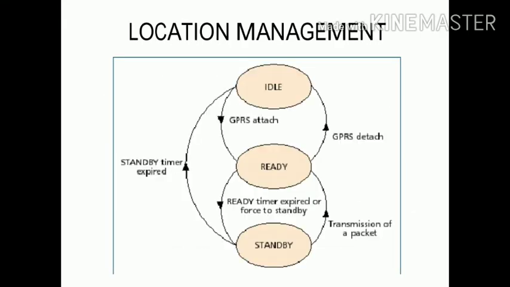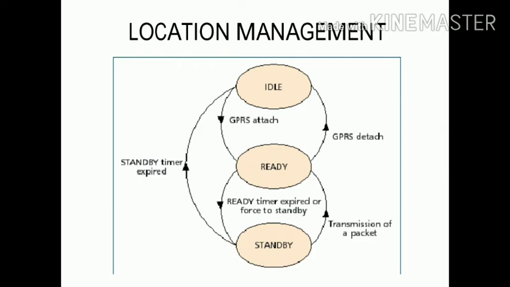After the handoff process, we reach the second part of mobility management, that is the location management. This location management deals with how to keep track of an active mobile station within the cellular network to route the incoming call. A mobile station is active if it is powered on.